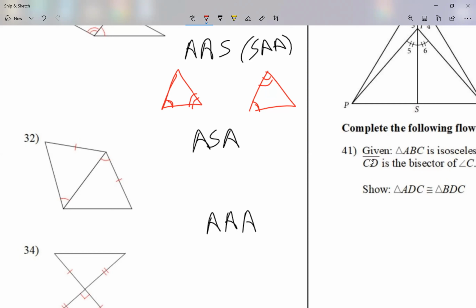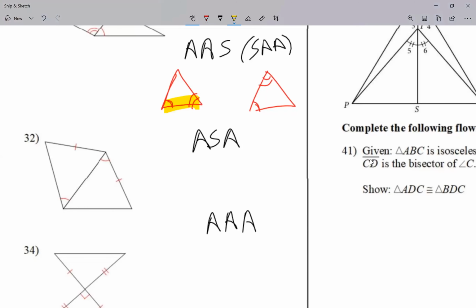Now look at the side, look at the S. It is not in between the angles, right? It's not angle side angle. The S is not in the middle, it's at the side. So I'm gonna mark one side, but the marking will not be in between the angles. You might be thinking, what do you mean in between the angles?